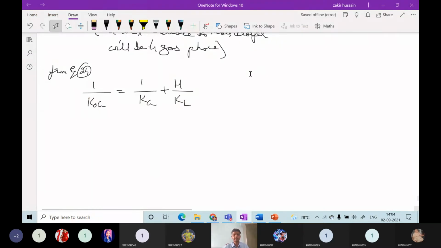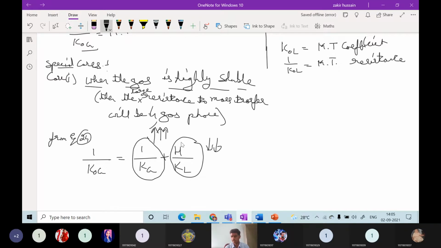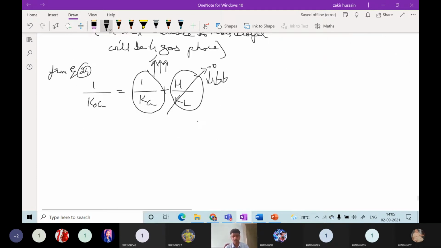Now, according to this statement, if the gas is highly soluble, then the large resistance to mass transfer will be in the gas phase. Means this term will be very, very high, whereas this term, H by KL, will be very, very low compared to the first term. Therefore, we can neglect this or put it nearly equal to 0.